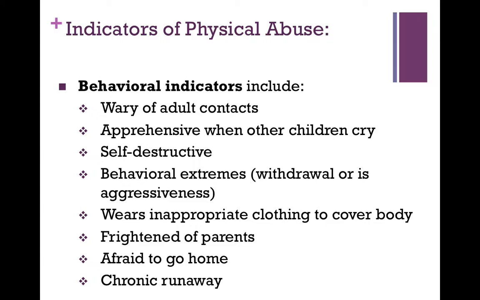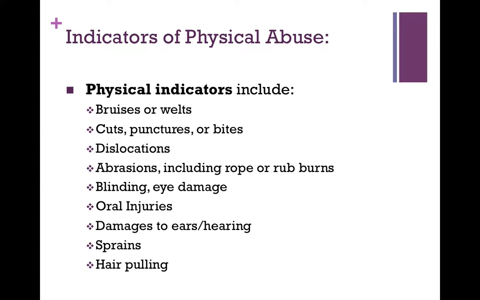Here are some of the behavioral indicators that might indicate a child is being physically abused. And here are some of the physical indicators that a child might be being physically abused.